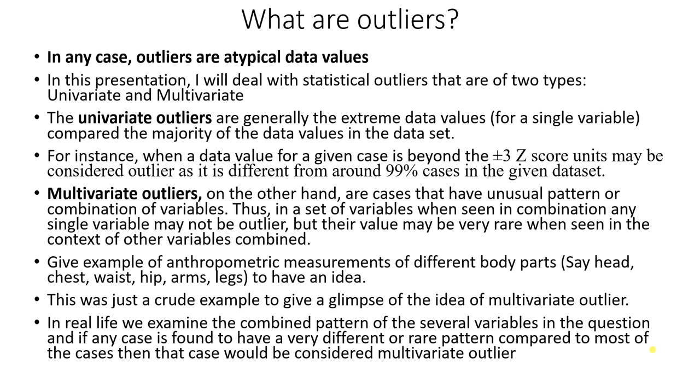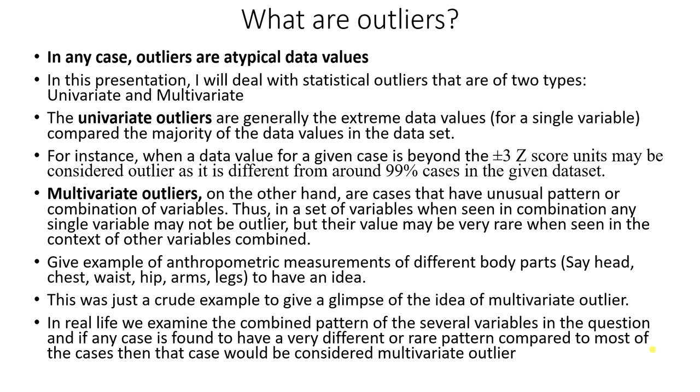Basically, we examine the pattern of how the variables vary together, co-varying with each other, and we identify an average pattern of variation. If any case deviates from that average pattern, then that will be called a multivariate outlier.